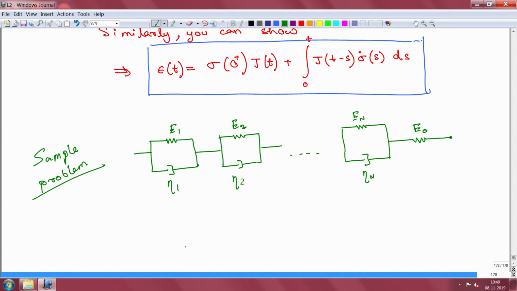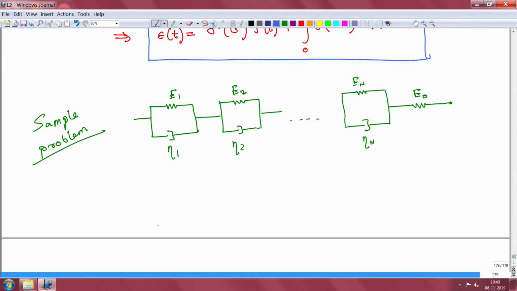Okay. So, when you apply a certain amount of force, each of these different bodies will share a force. Let us just say that each of them is experiencing force F 1, another one is experiencing F 2, and all the way till F n. And this is another force here.